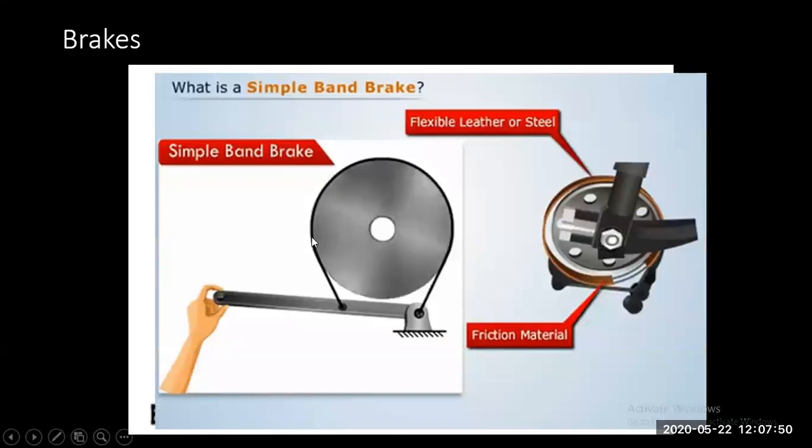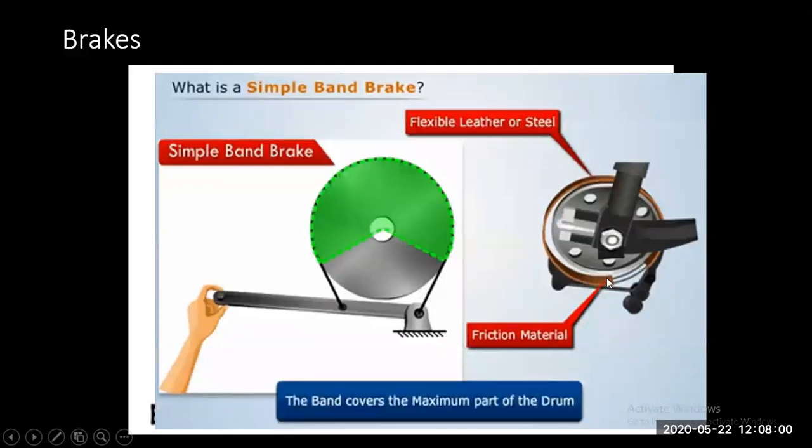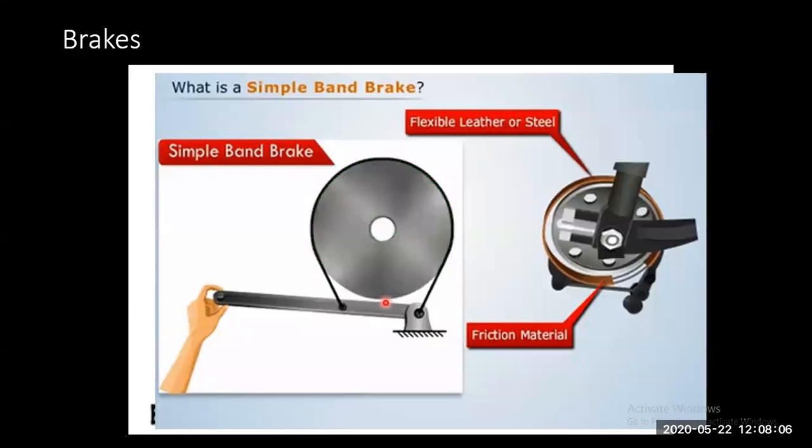This is called a band brake, where you have a flexible material. It is actually some kind of a copper ring inside of which we have bonded material such as leather, or any other friction material. On the outside will be a thin piece of sheet metal upon which you would have mounted the leather or asbestos.